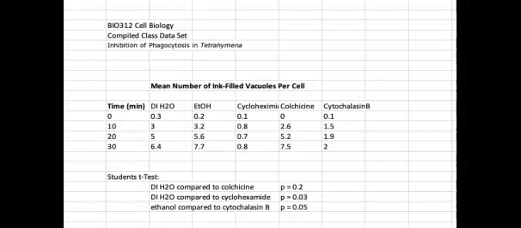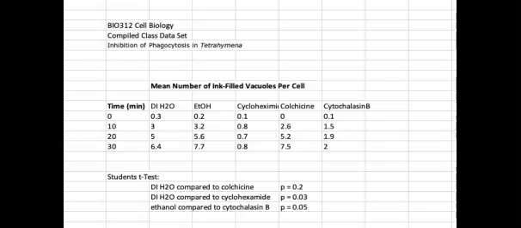Okay, down at the bottom of the screen, you can see that when we compared the control to colchicine, the p-value came in at 0.20. When we compared the control to cyclohexamide, the p-value came in at 0.03.